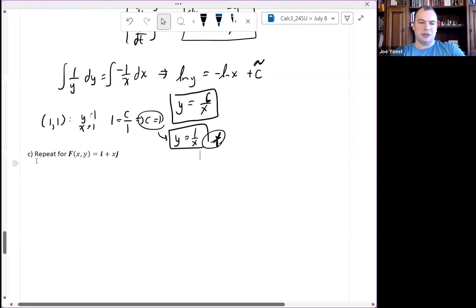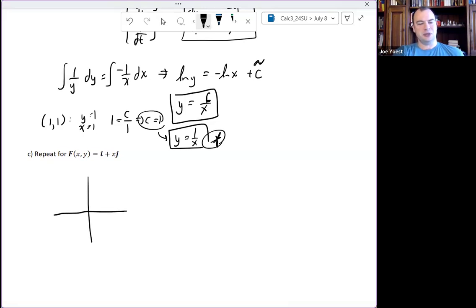Let's repeat this for this example down here. So again, I'll draw out a vector field. I'll sketch some possible solution curves, use differential equations to generate an algebraic representation of the solution, and see if my intuition matches the algebra.